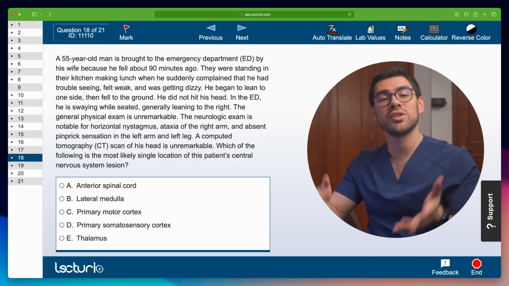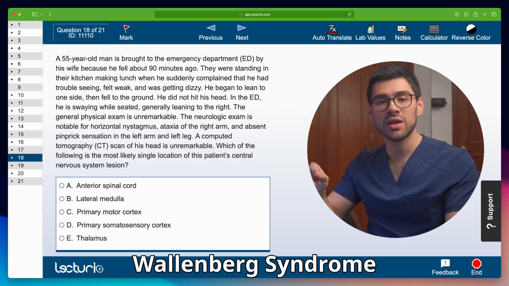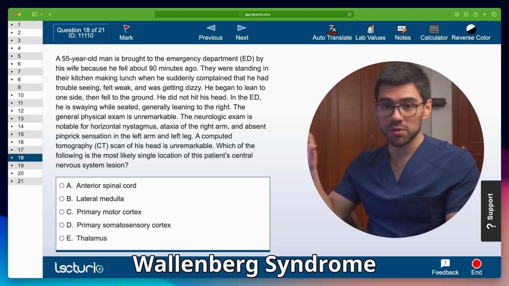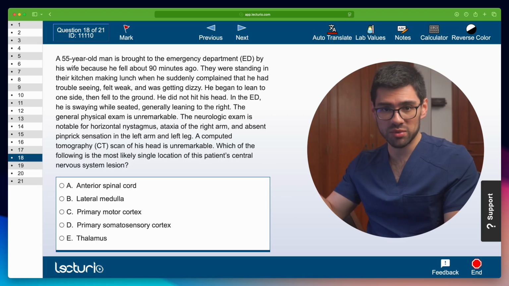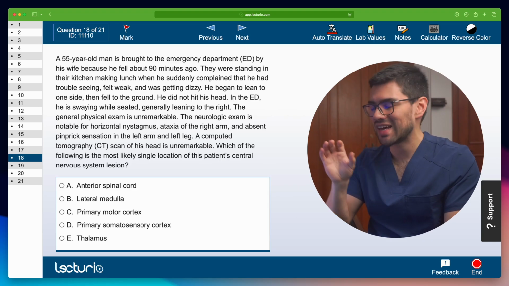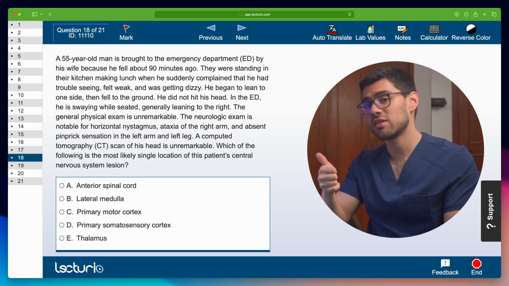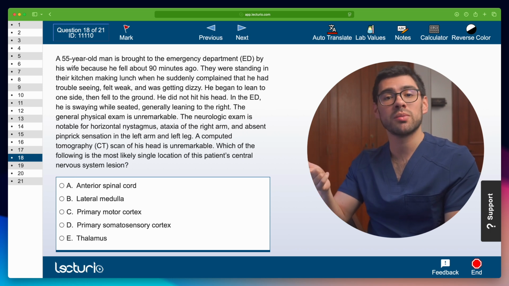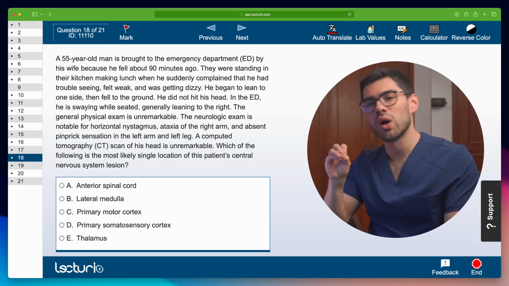Well, I said that precisely because of this syndrome. You see, this is a Wallenberg syndrome, a lateral medullary stroke. And although on paper these cases can present with cranial nerve 9 to 11 involvement, in practice and in most exams that rarely happens. Most cases just present like this, with lateral findings plus vestibular compromise and nothing else.